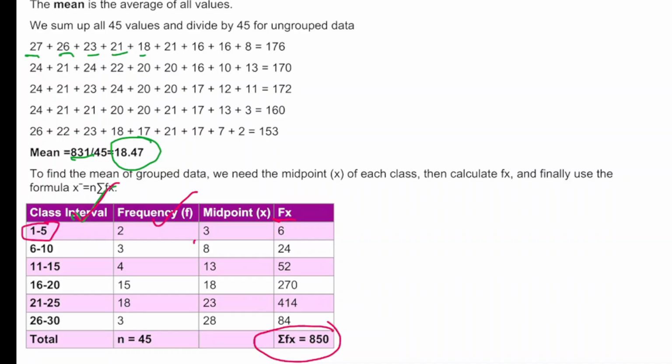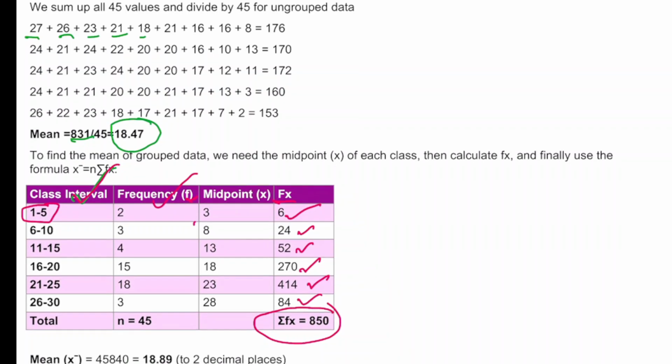You go through all the classes: 1 to 5, 6 to 10, 11 to 15. You multiply f times x. Here you get 6, here 24, here 52, here 70, here 415, here 84. And that is your total fx.